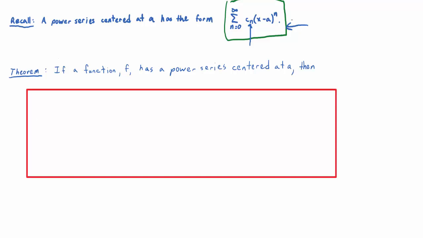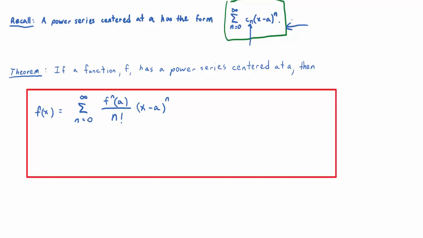So f of x would equal the sum from n equals 0 to infinity of the nth derivative evaluated at a divided by n factorial times x minus a to the n power.